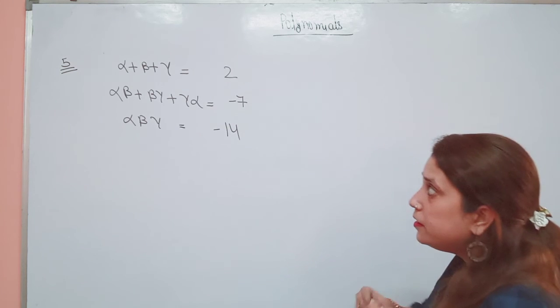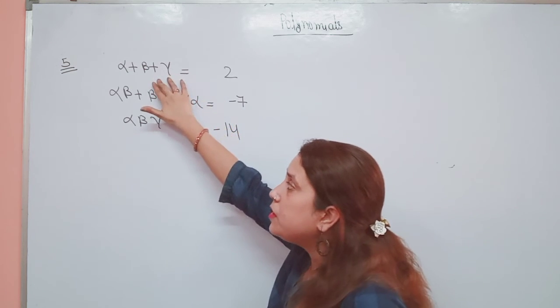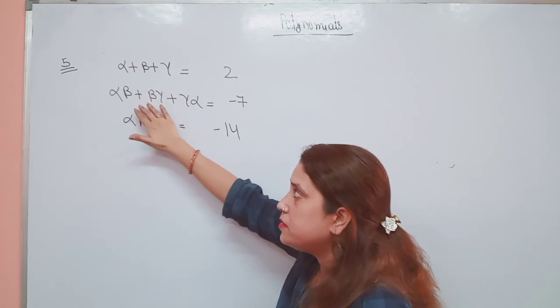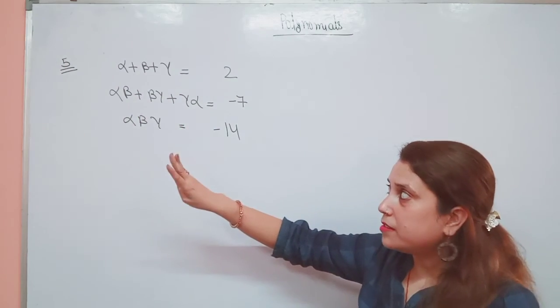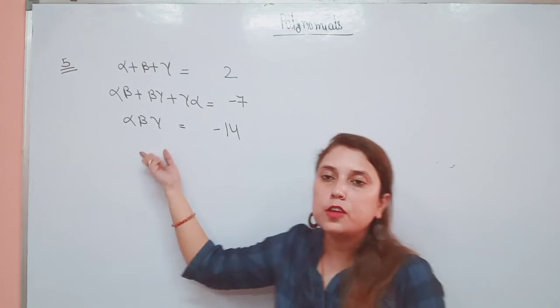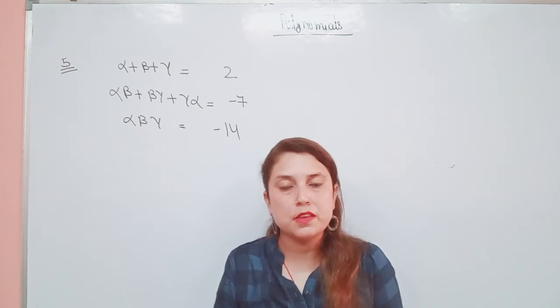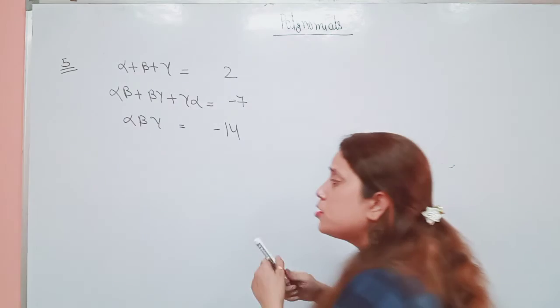Okay, now here 3 things are given: sum of zeros, sum of product of zeros taken 2 times, and product of zeros. 3 things are given, it means it will be a cubic polynomial, and the question is the same, find the cubic polynomial. So how to find?